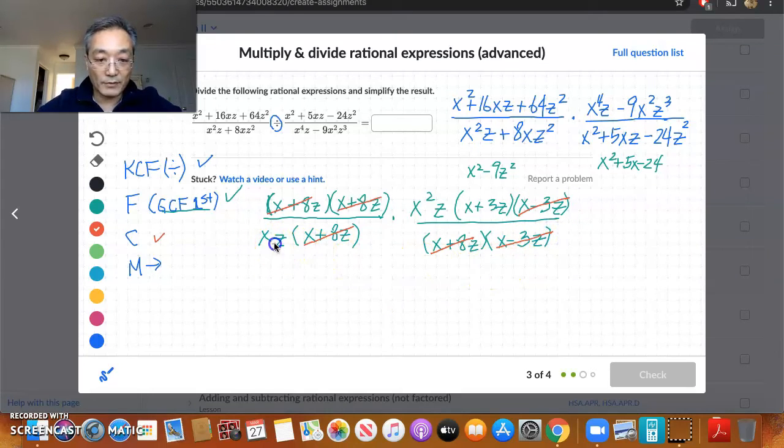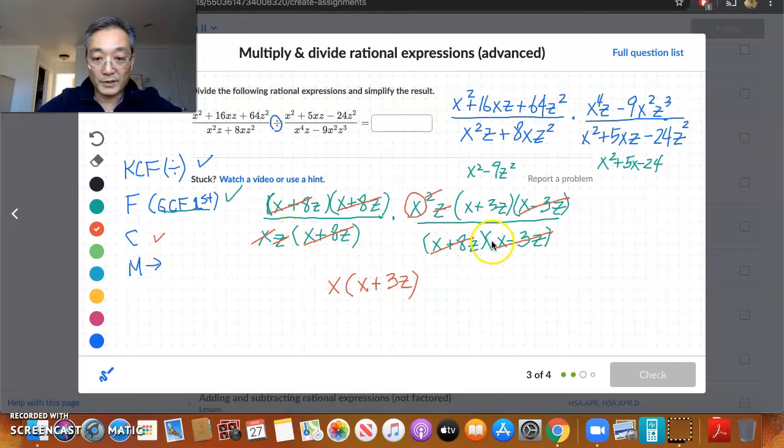And it looks like I could get rid of these z's here, get rid of the x down here, and get rid of the squared here, which leaves me with that x. So final answer: it looks like we're going to have x times x plus 3z.